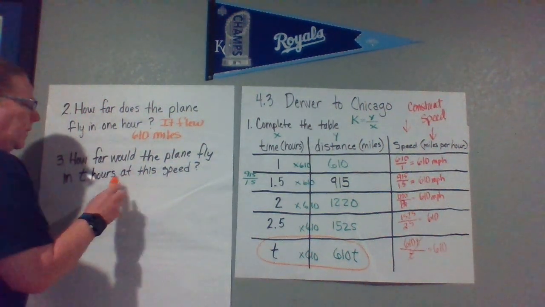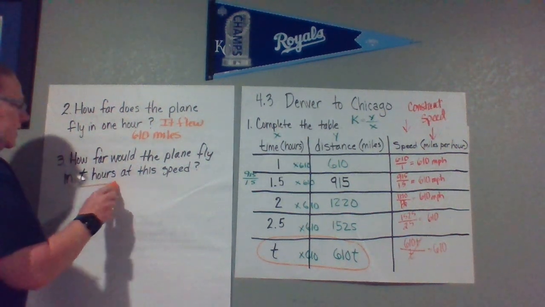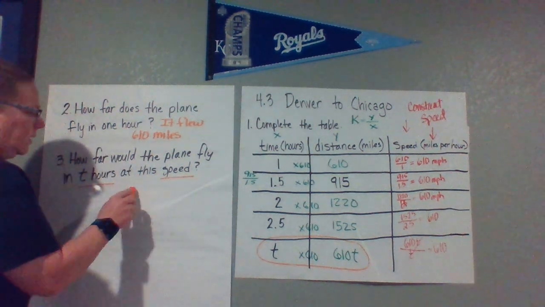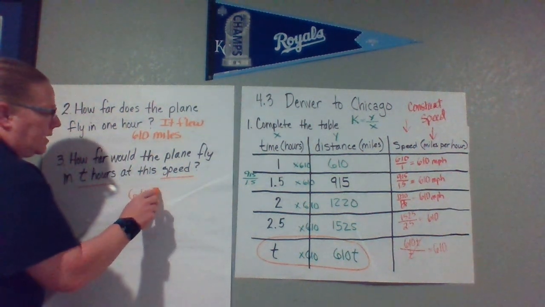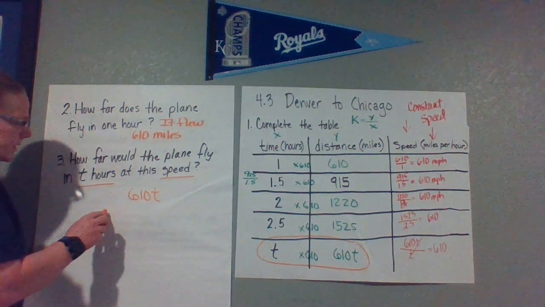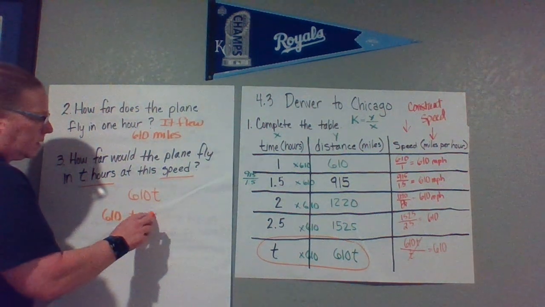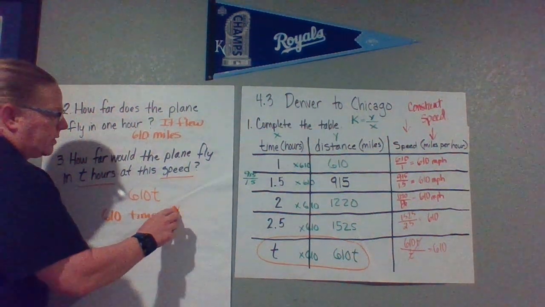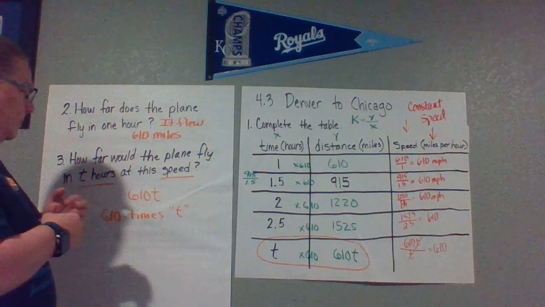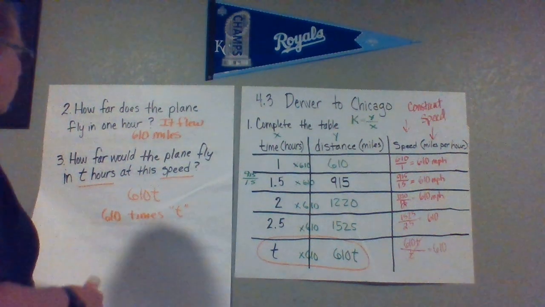Because I don't know how many hours, except where it says T hours, and I'm still going at that same speed, it's 610T. All they're basically saying is 610 times whatever T is, and that would get me my distance.